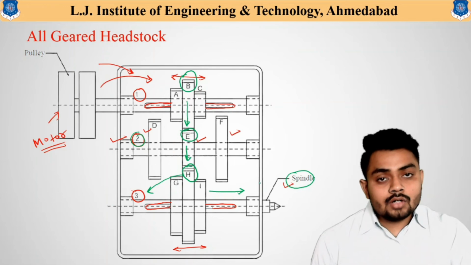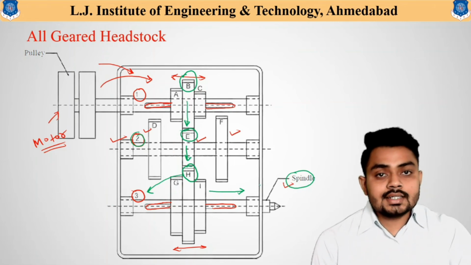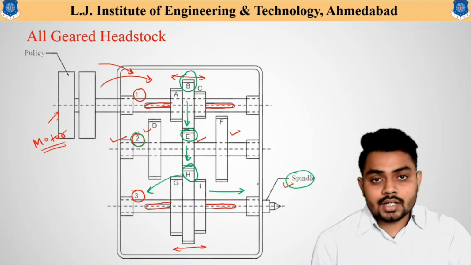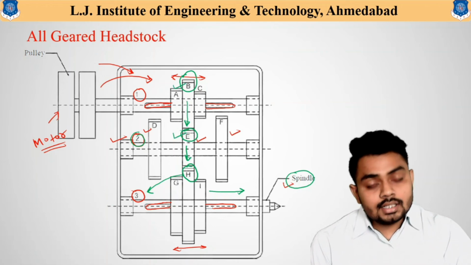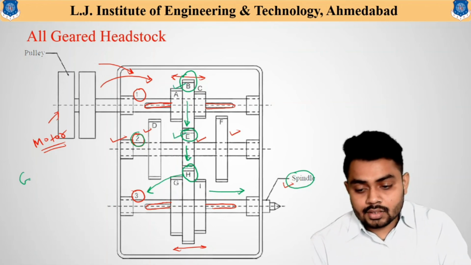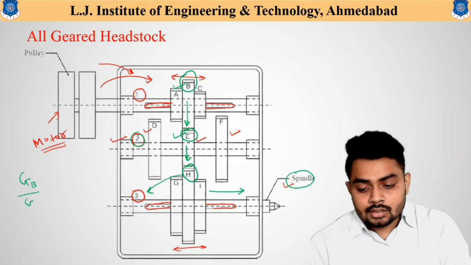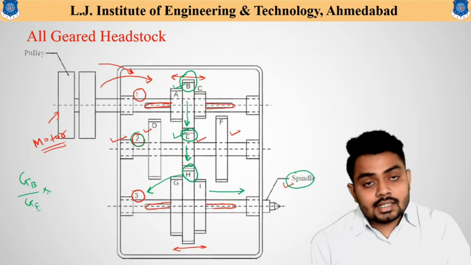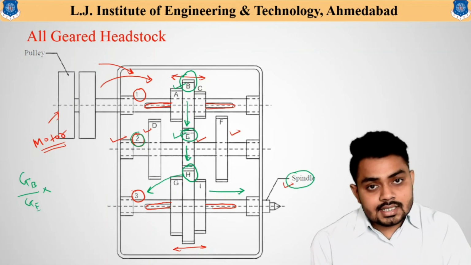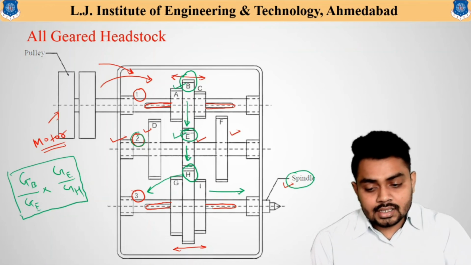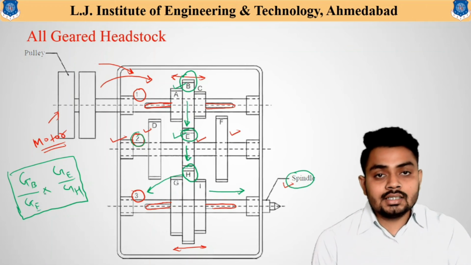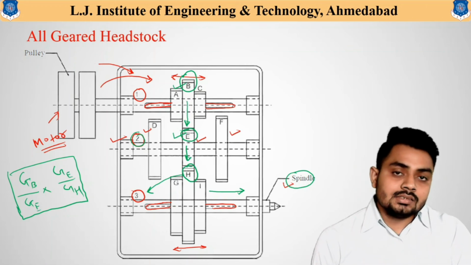So how much power is transmitted? For that, one can simply use the gear ratio equation. As one can see, the power is transmitted from gear B to gear E. That means one can write power transmitted from gear B to gear E. Similarly, another variation, that is power transmitted from gear E to gear H. So this combination gives nothing but one spindle speed variation obtained using this particular arrangement.